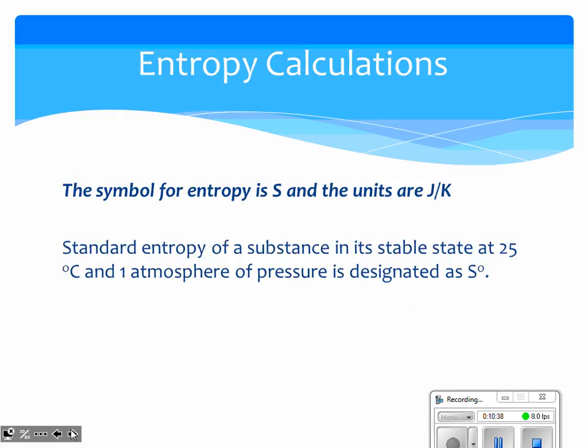The standard entropy of a substance in its stable state at 25 degrees Celsius, 1 atmosphere of pressure, is designated by an S with a superscript O, sort of like an exponent of O. That little S with the superscript O is what we call the standard entropy.